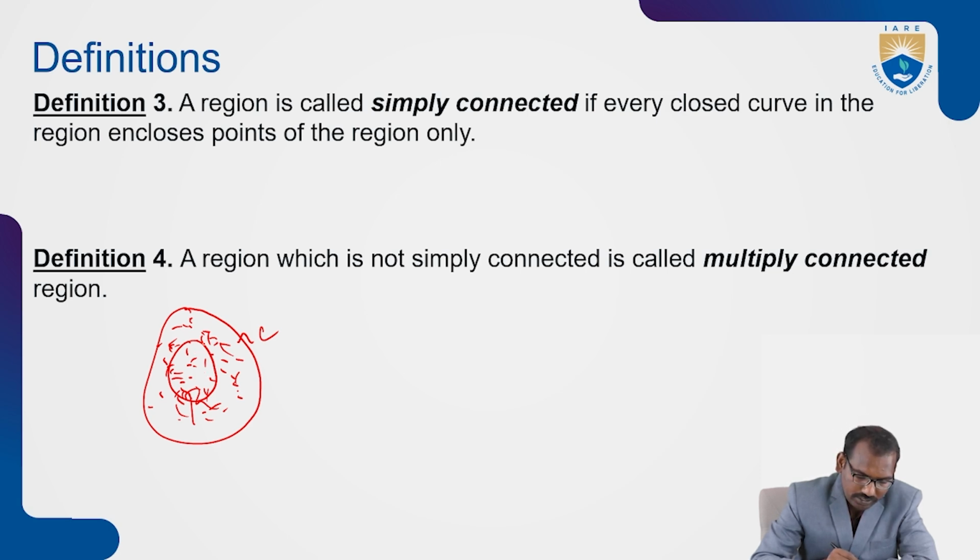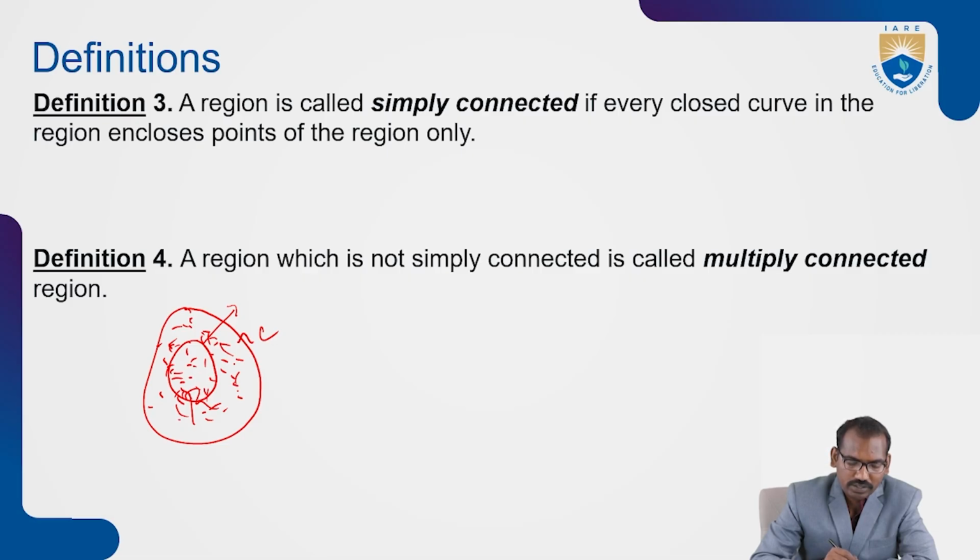See, I am taking this curve. This is a closed curve in the same region. And what is this curve doing? This curve encloses the points of the existing region only.